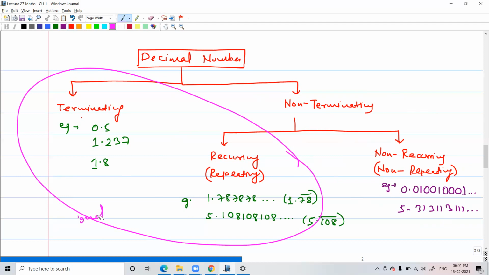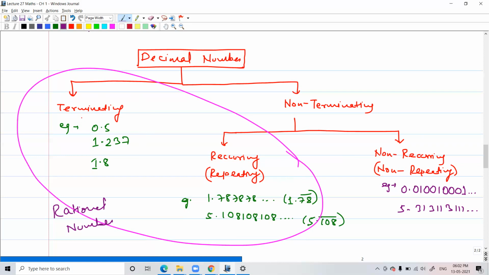Okay, so out of these numbers, terminating and recurring both are rational numbers. So if something is terminating, or non-terminating recurring, which you can put a bar on, both these types represent rational numbers.